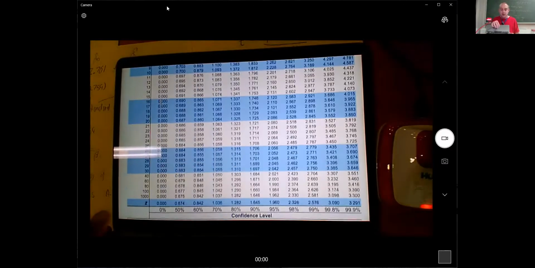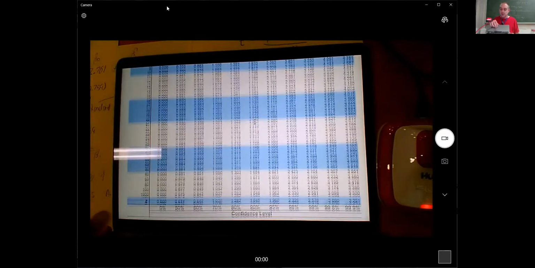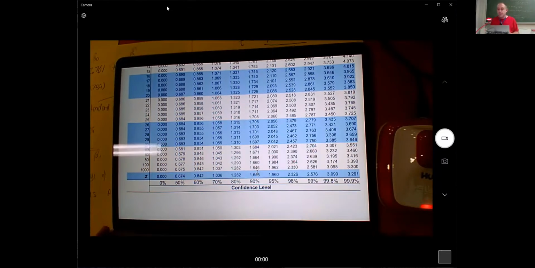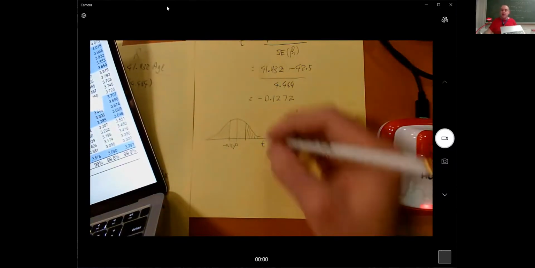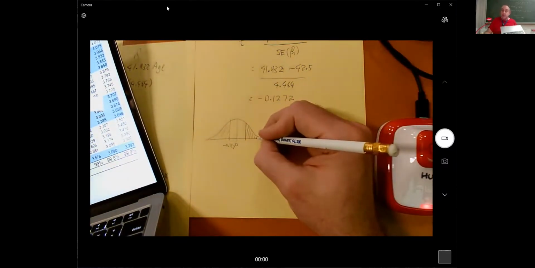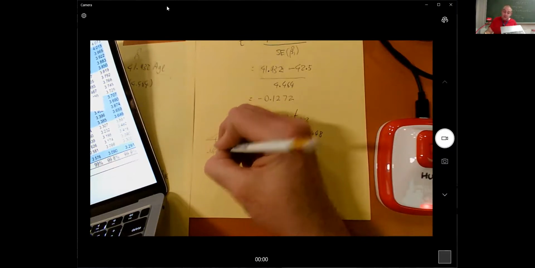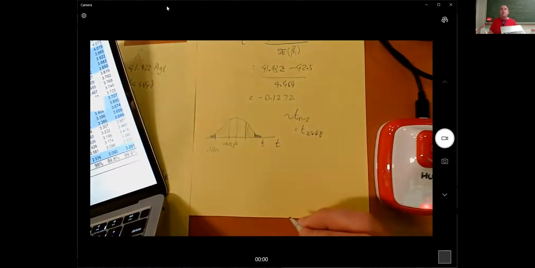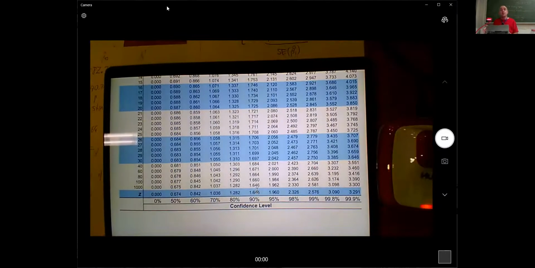So when I go down to this row and I want the 5% mark, which is here, it's 1.645. So what that's telling me is if I had gotten a t of plus or minus 1.645, then that area there would have been exactly 5%.